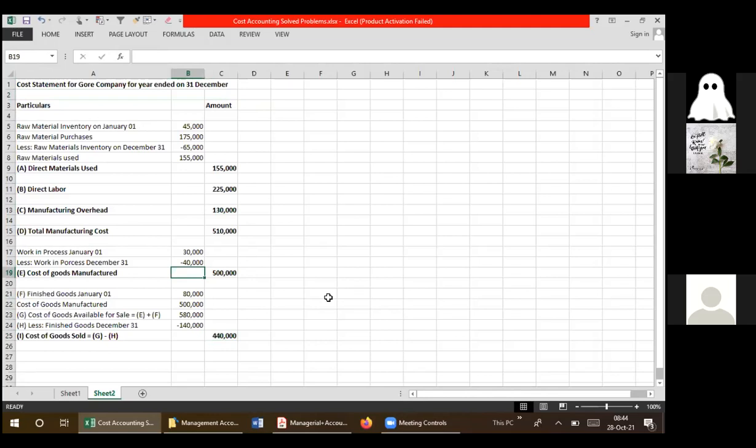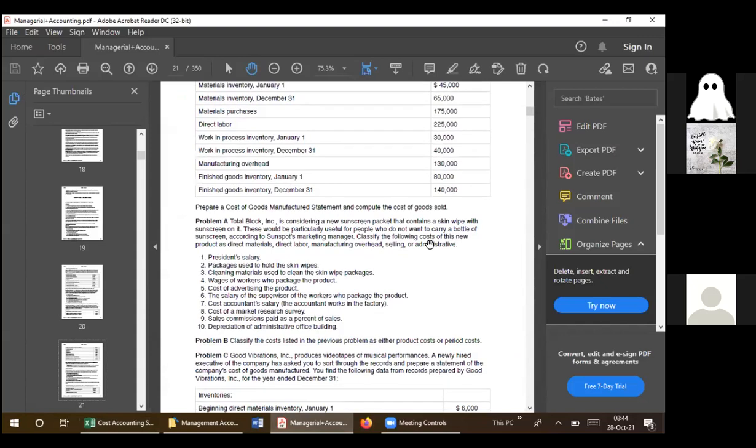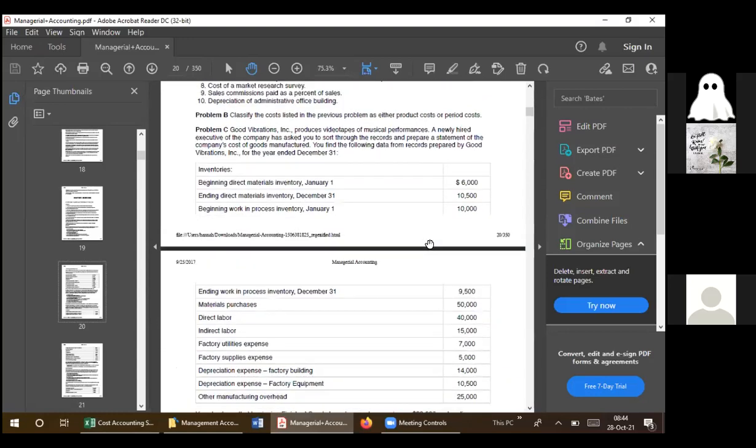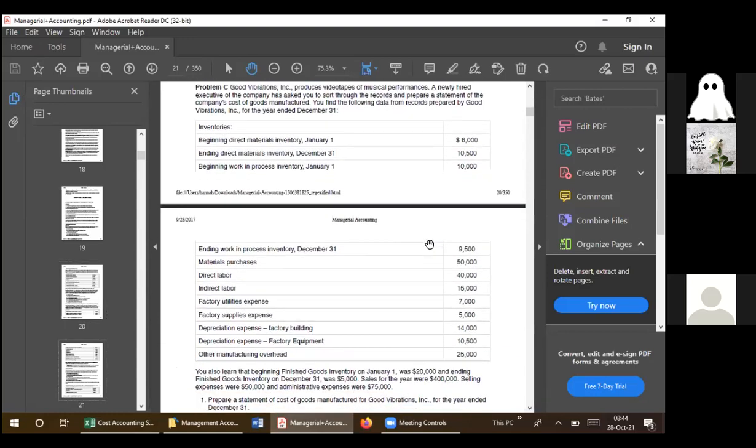What this kind of cost statement will do is show you the total cost of the product for the year. Once you have every cost accounted here, you can use the number of units manufactured to determine what the cost is at each stage. If we had it in the last problem, no, we don't have the number of units, so we won't do it for the last one. This one also doesn't have it.